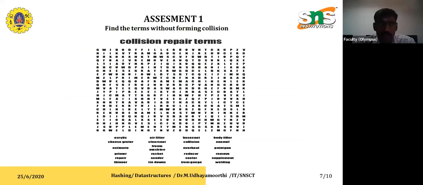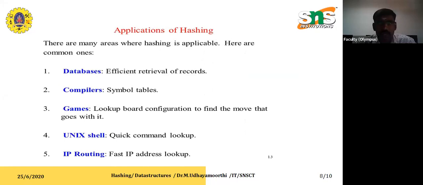Okay, so these are some of the applications of caching. It mainly supports databases. It is mainly used for efficient retrieval of records in databases. It is used to store symbol tables, for various operations on symbol tables by compilers.